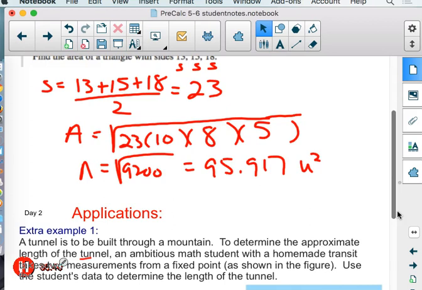Okay, is that you? Side, side, angle. Yep. Another one. Michael, give me another one. Angle, angle, side. Elena, give me another one.